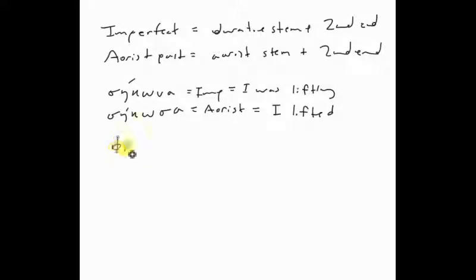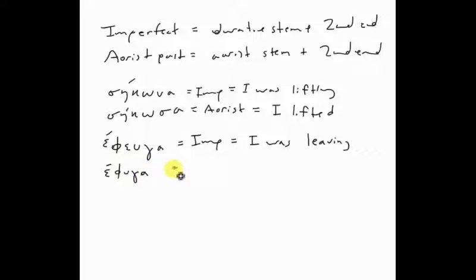We have efevra, which is our imperfect. And this means I was leaving. And then we have efira, which is our aorist.